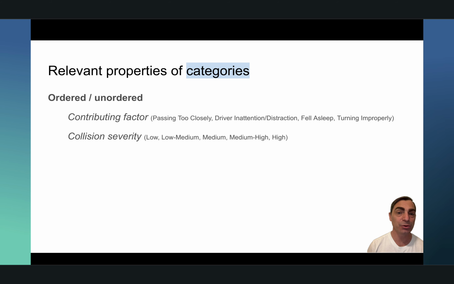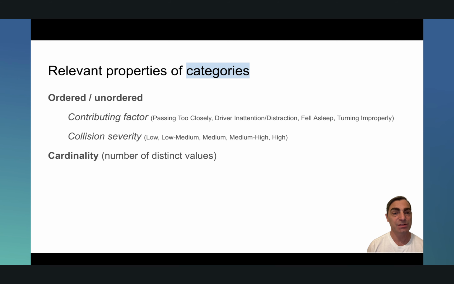For instance, low, medium, medium high, and high. Another really important aspect of categories, and that we will see is very important in visualization, is the cardinality, which means the number of distinct values that exist within a categorical attribute.